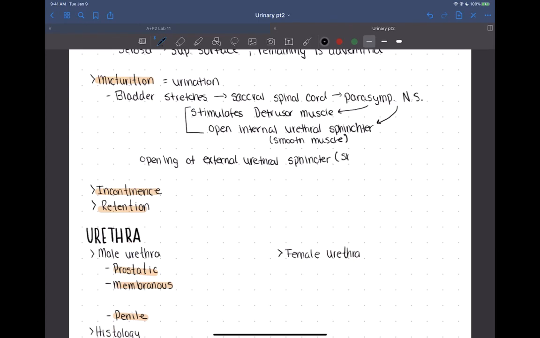So voluntary control. Good, and so then that is micturition or urination.